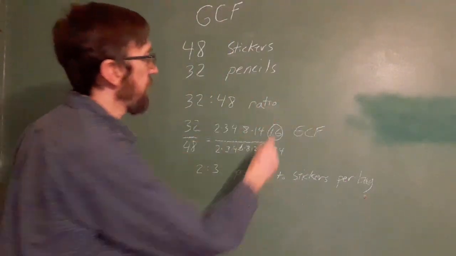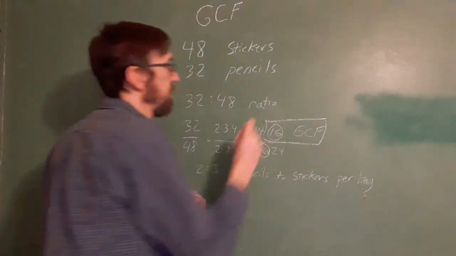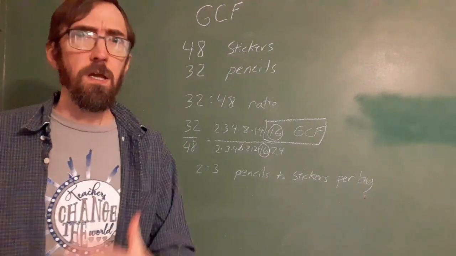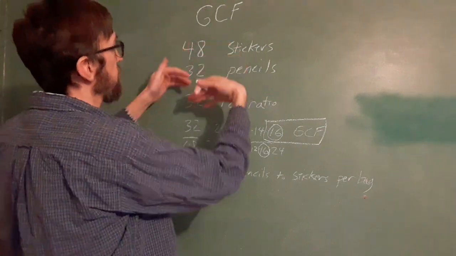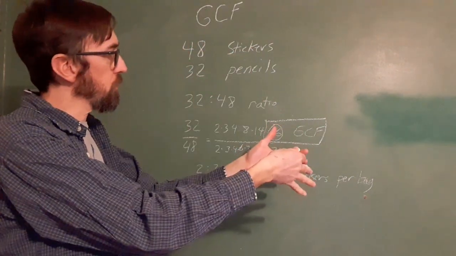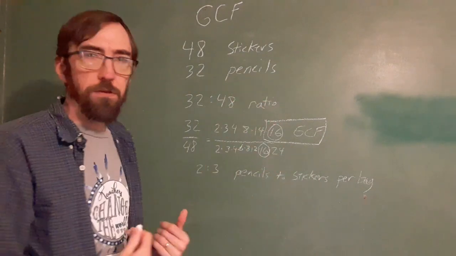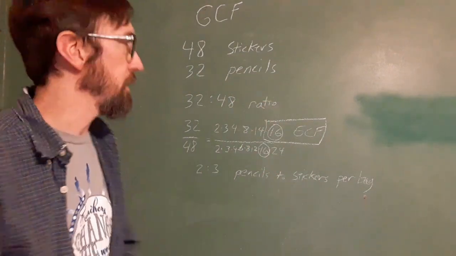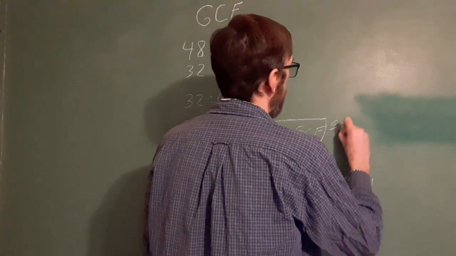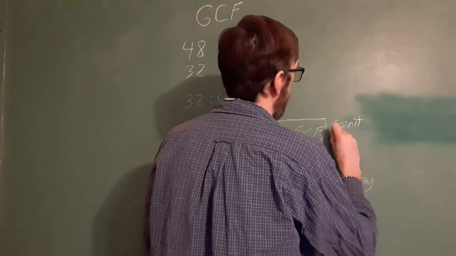And the greatest common factor is really the answer to the question, how many spirit bags will we have when we take this amount of materials and divide them into these bags with no remainders and not cutting stickers in half. So this is 16 spirit bags.